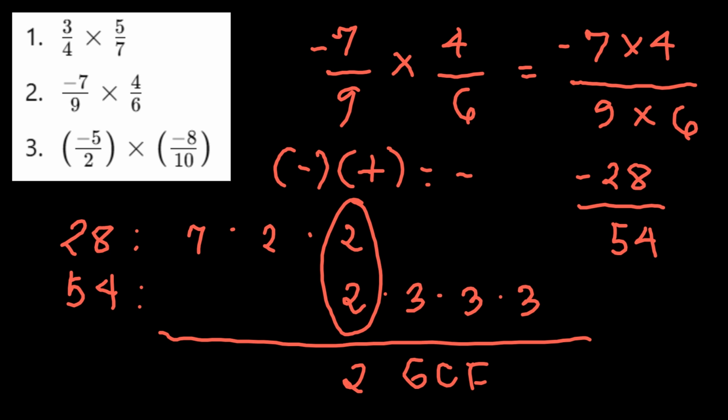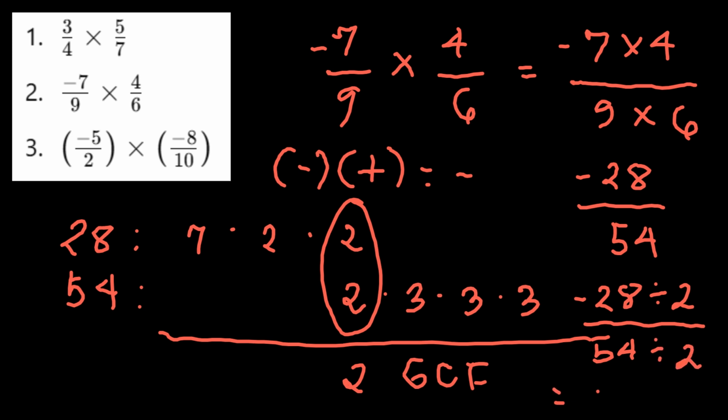That means that is what we're going to use in order to simplify negative 28 over 54. Let's do it now. Negative 28 divided by 2 over 54 divided by 2.